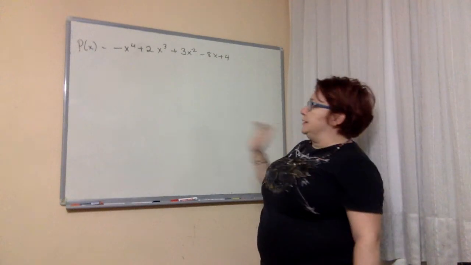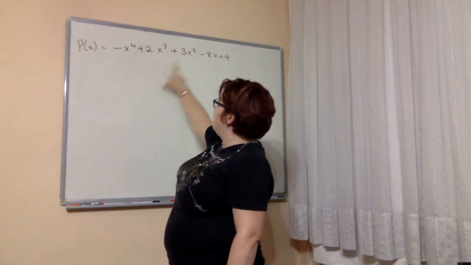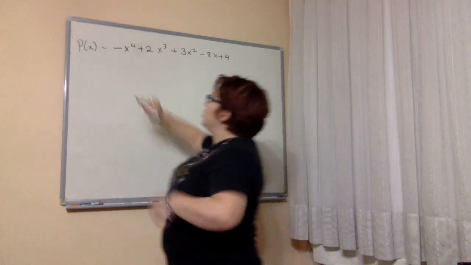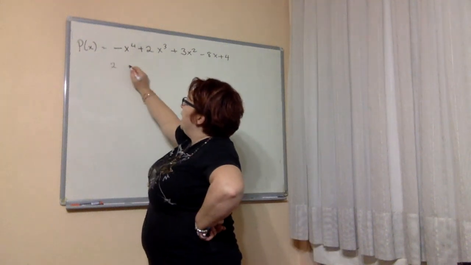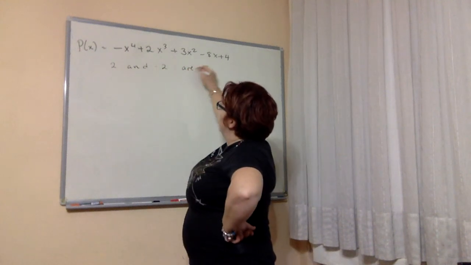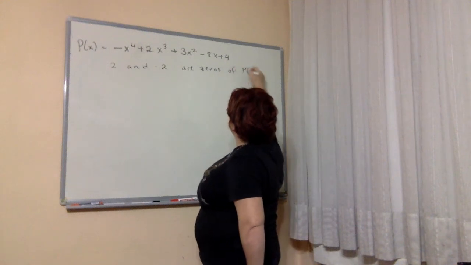Let's take a look at this example. Given that p of x is minus x to the fourth plus 2x cubed plus 3x squared minus 8x plus 4, let us show that 2 and minus 2 are zeros of p of x.